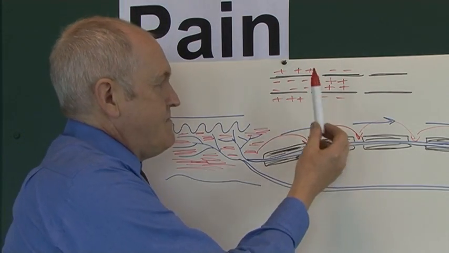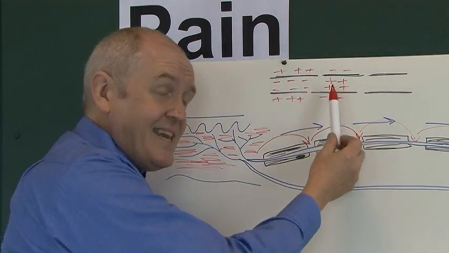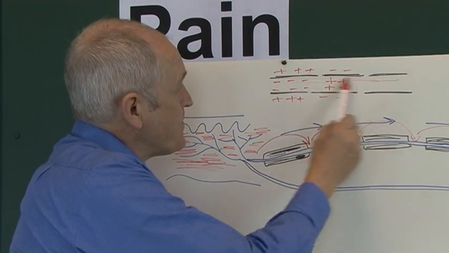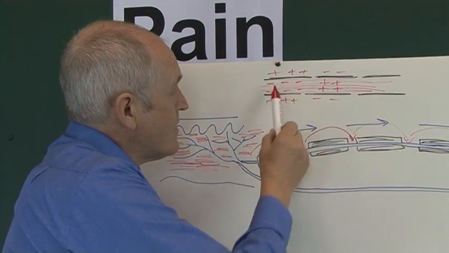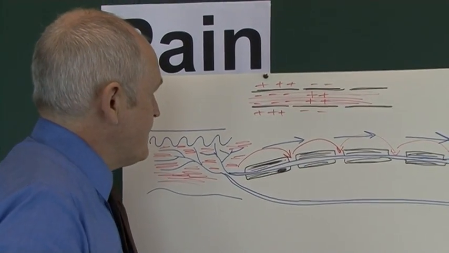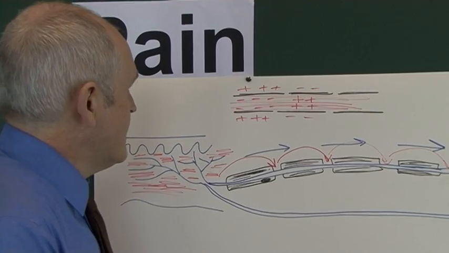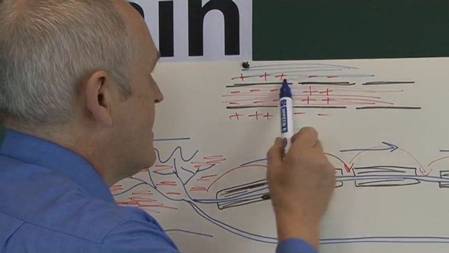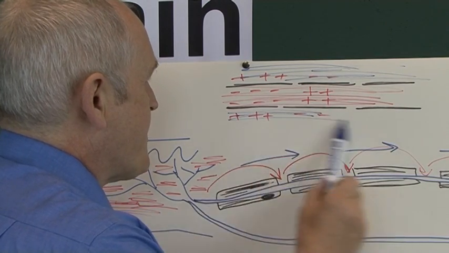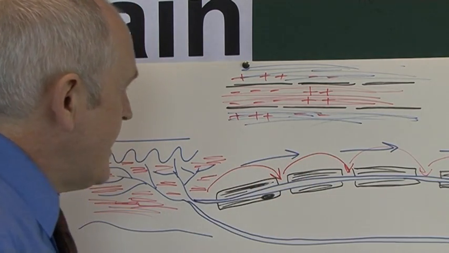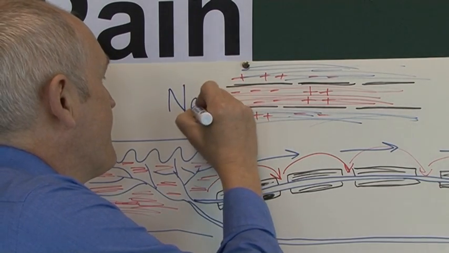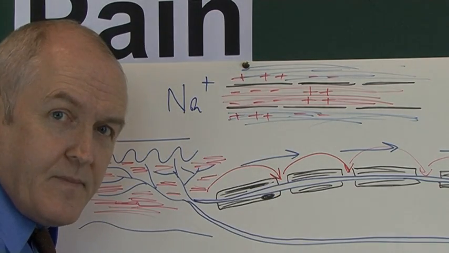But this depends on the ions going in and out from inside the nerve fibre to outside of the nerve fibre to alter the electrochemical potential across the cell membrane. And one ion that's absolutely crucial in this, of course, is the sodium ion.